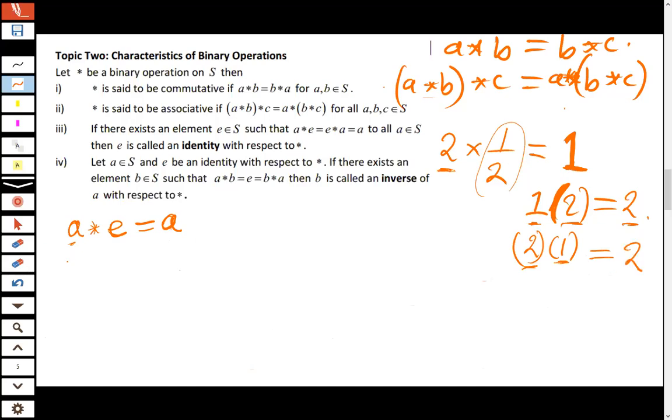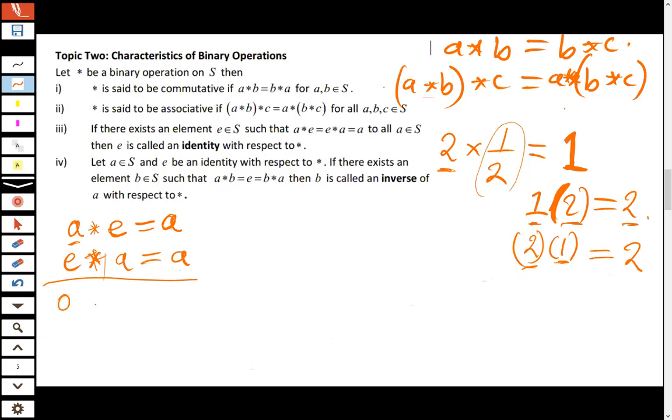So even if we switch these, we say E star A, the answer should still give us A. So for this reason, we use this to find the inverse, because we know that when you multiply an element with its inverse, the answer that you get will simply just be an identity element.